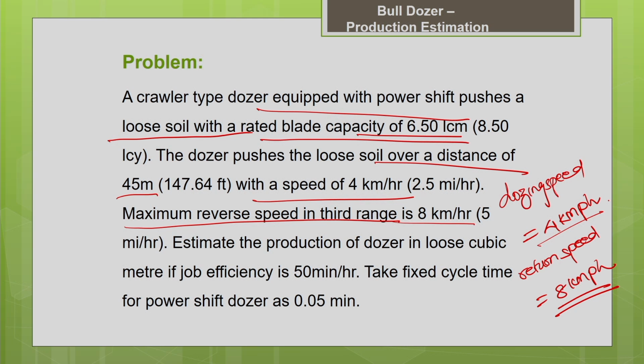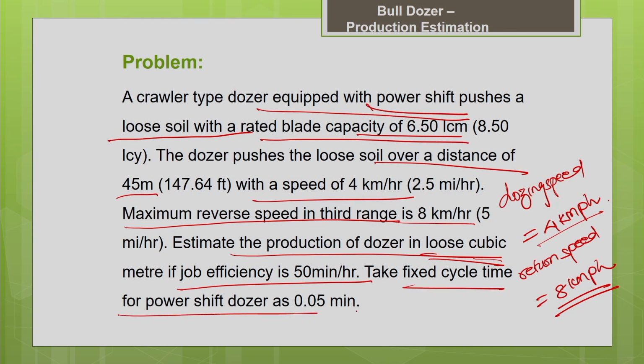Now estimate the production of the bulldozer in loose cubic meter if the job efficiency is 50 minutes per hour. Since it is a power shift mode, you can assume the fixed cycle time for the power shift dozer as 0.05 minute. So the maneuver time when you go for automatic gear change machines is 0.05 minute. You can assume that. This will be your fixed cycle time.